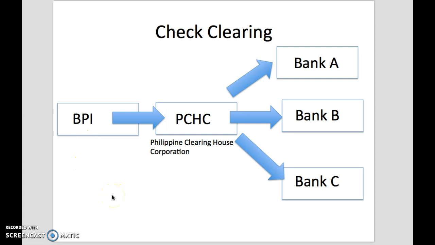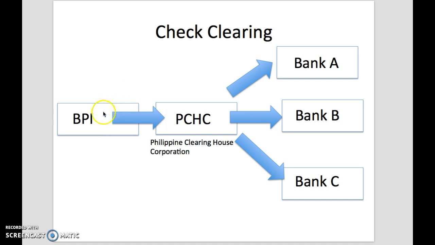But if, for example, it goes through the clearinghouse and Bank A, upon checking Mr. A's account, sees that Mr. A doesn't have enough money, Bank A will give this back to the clearinghouse and the check will be back to BPI, and BPI will call Mr. Blue and say, you know, the check that you deposited bounced, so you have to tell Mr. A, the payer, that he has to issue you a check that is sufficiently funded.